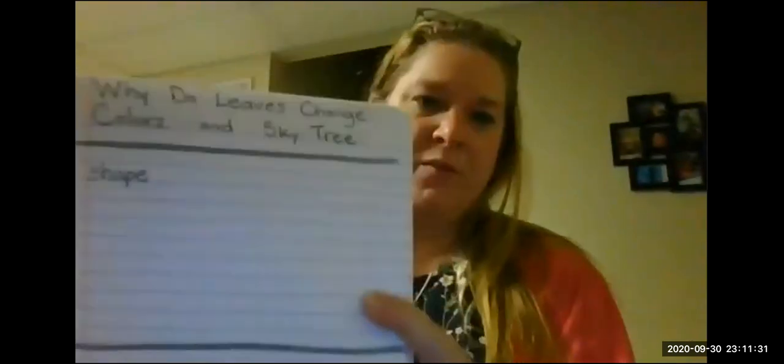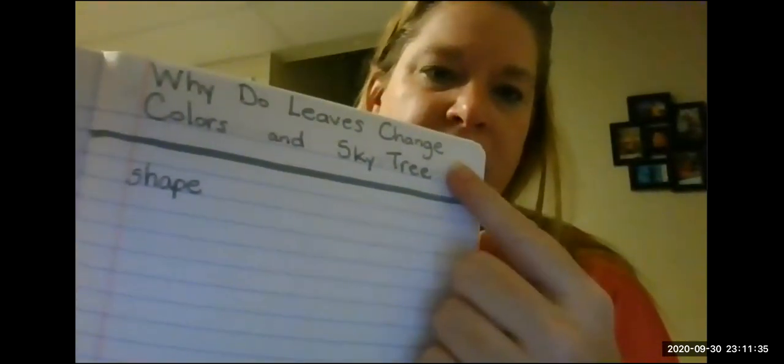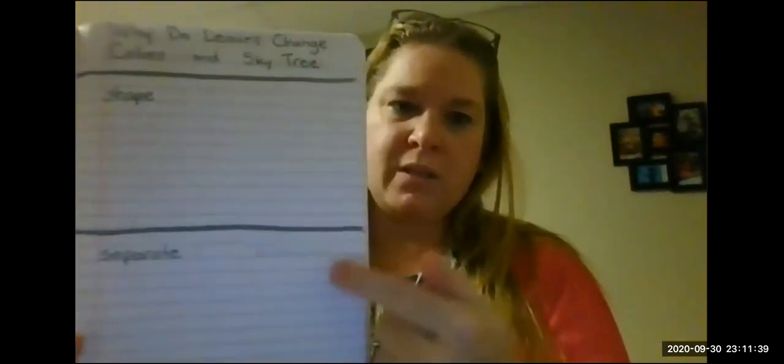You're going to start on page 15, write the title of the book, Why Do Leaves Change Colors, and Sky Tree, and then you're going to put 2 words on a page: page 15, page 16, page 17, 18, and 19.